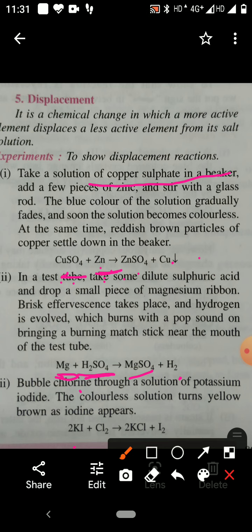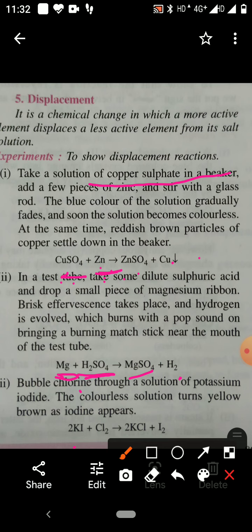When chlorine gas is passed through it, chlorine will displace iodine from potassium iodide, and potassium chloride is formed and iodine is separated. So chlorine is more reactive than iodine. Therefore chlorine will displace iodine from potassium iodide.